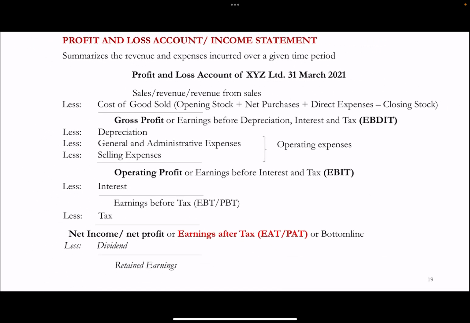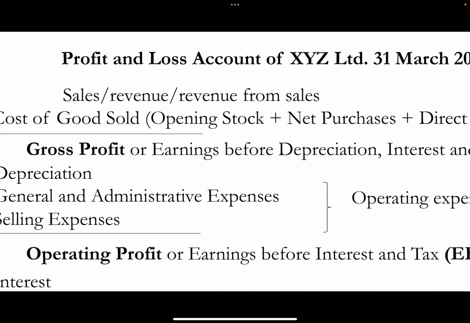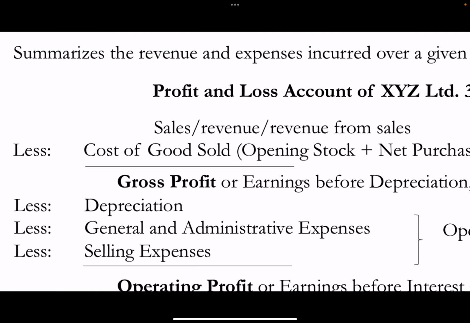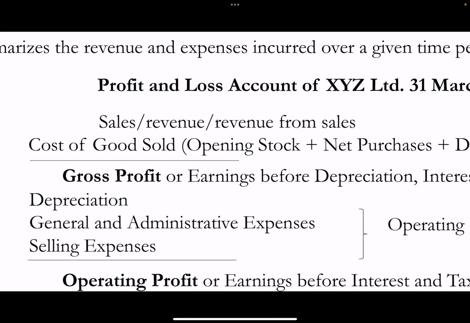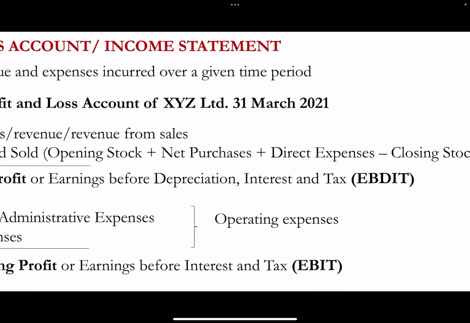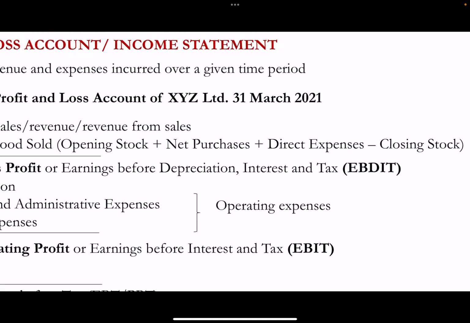Now, as you can see, this is the vertical format, and we are going to start it with sales. The very first thing we write down is sales, which is also known as revenue or revenue from sales. Then minus cost of goods sold, also known as COGS, and the formula to calculate it is opening stock plus purchase plus direct expense minus closing stock.